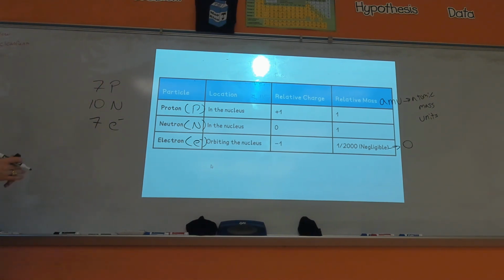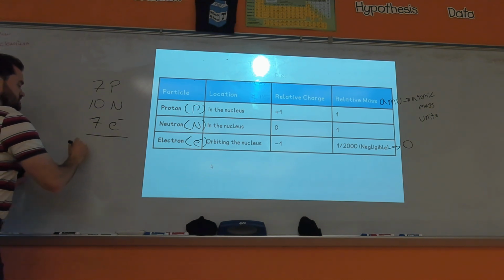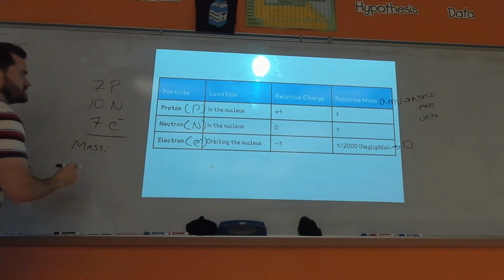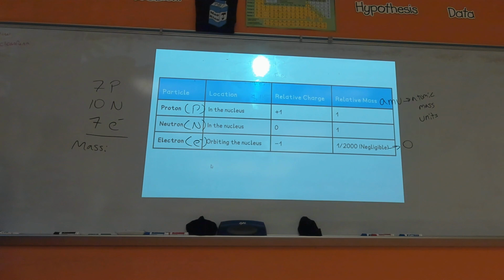What would be the mass of this atom? If you had 7 protons, 10 neutrons, and 7 electrons, what would the mass be here? 17, yeah, good. You have 7 protons, each proton's a mass of 1. 10 neutrons, each neutron's a mass of 1. And then 7 electrons.